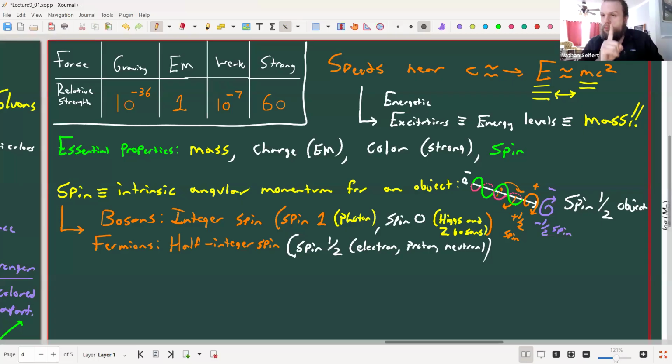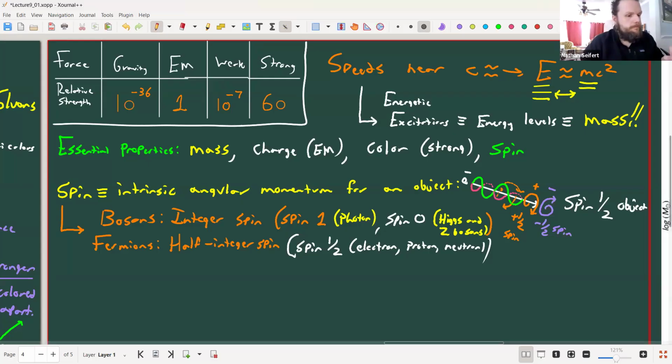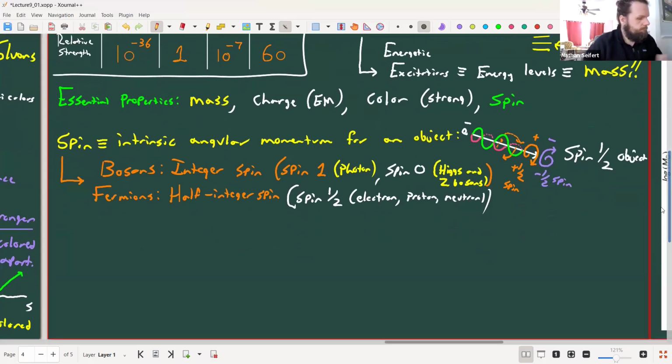Bosons and fermions have one important distinction. And we can talk about the math of this later. It will become important when we talk about molecules. In fact, this distinction between bosons and fermions is one of the reasons why we have chemistry.